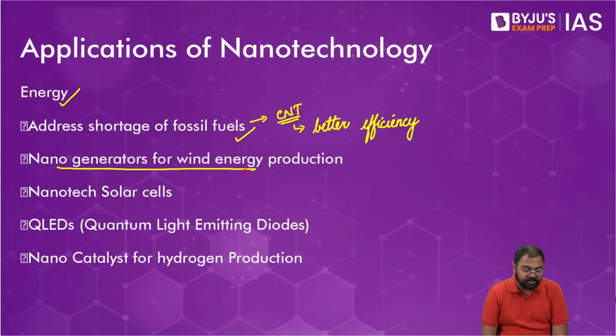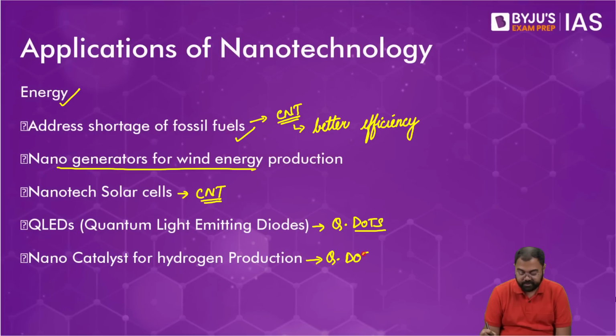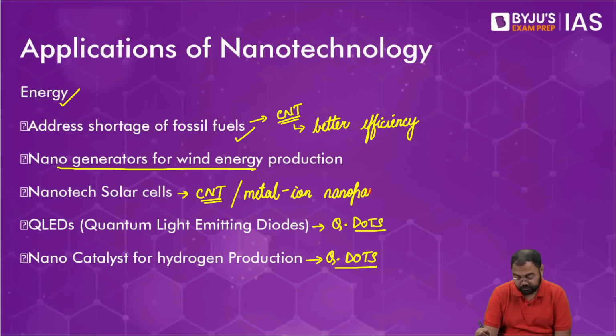Then in nanotech solar cells, again carbon nanotubes become very, very crucial. In making QLEDs, as we discussed, quantum dots become very crucial. And then in making nano catalyst for hydrogen production, again quantum dots can become very crucial. So in all these cases, we see that they can be used. Apart from that, in case of solar cells, metal ion nanoparticles, like gold or silver nanoparticles, can also become useful in such a scenario.